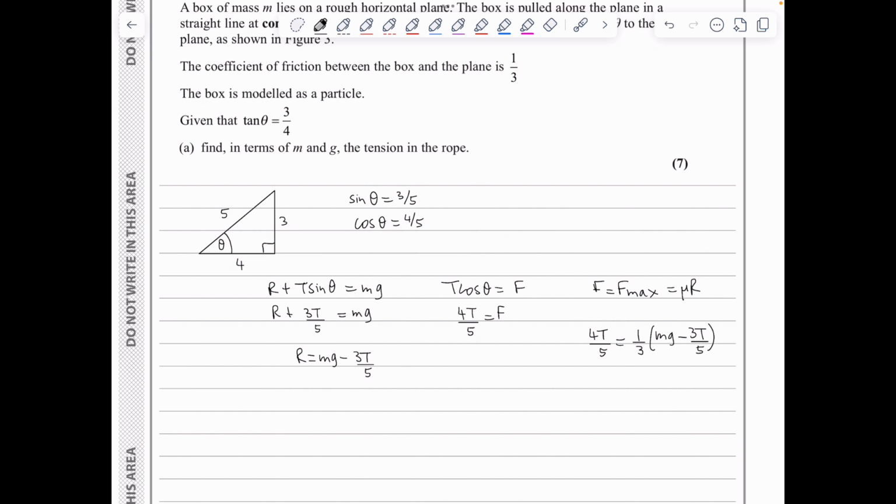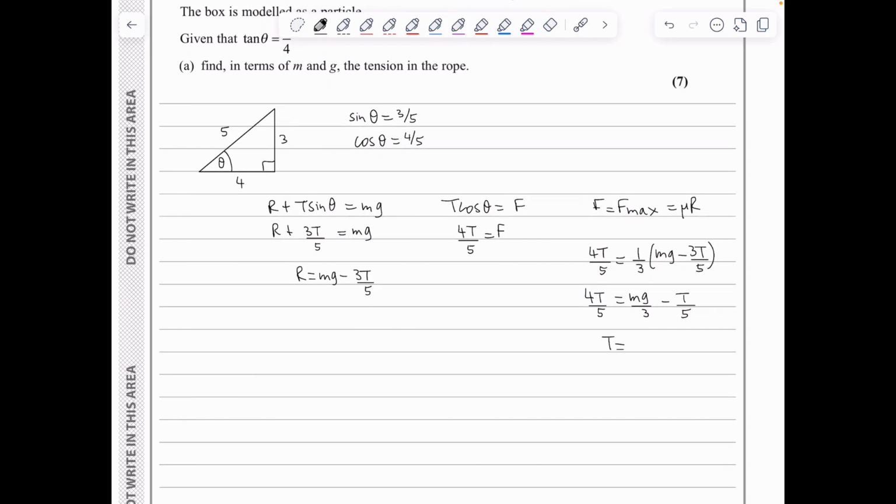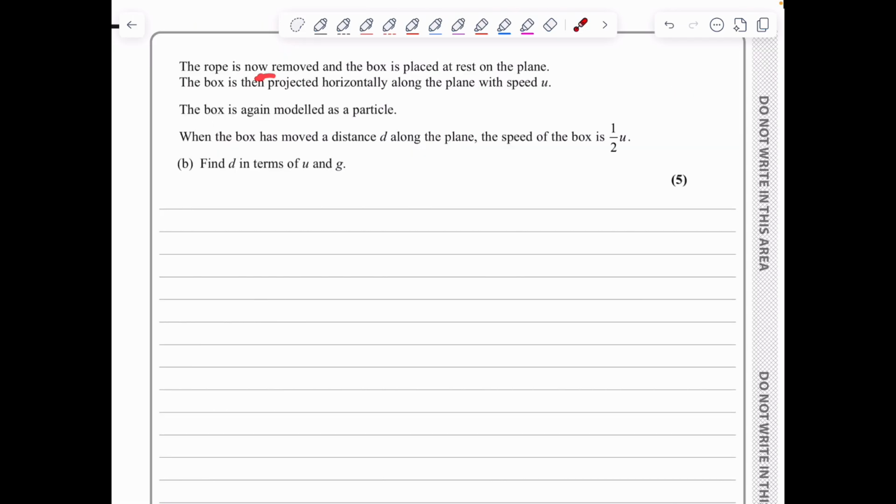I will proceed by expanding. We get 4T over 5 being equal to mg over 3 minus T over 5. I will be collecting the T's on the left hand side, so we're looking at capital T being equal to mg over 3 newtons.